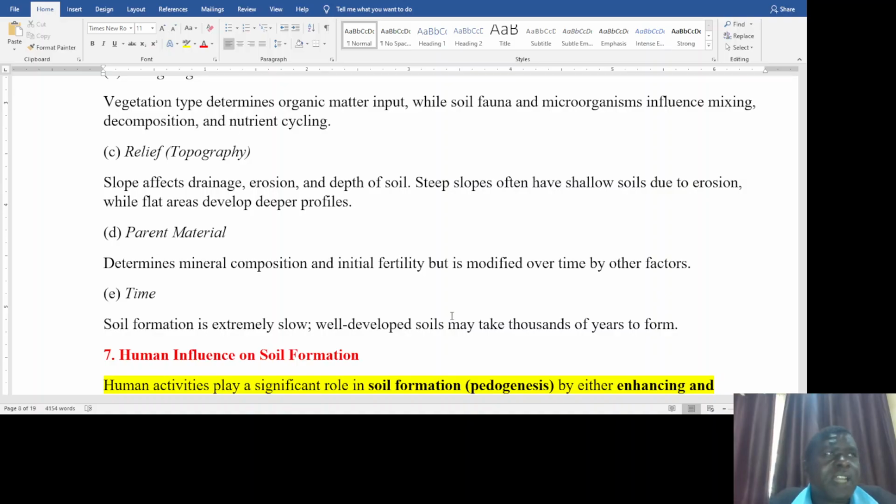So time alone, as much as the agents of soil formation are active, is a key factor in making soil reach the required degree for it to be called soil meant for sustaining plant life and also microorganisms.